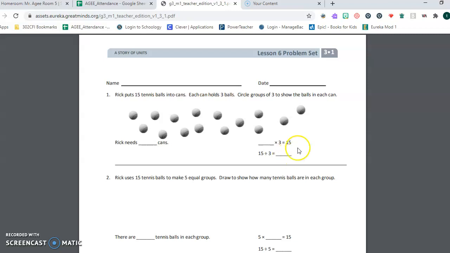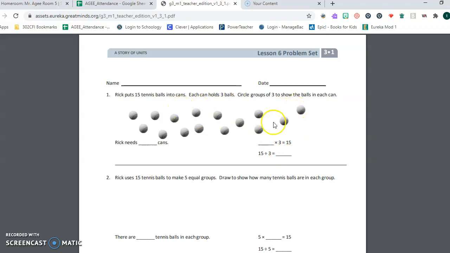But when you rearrange it into a multiplication problem, it's a missing factor, okay? So here we've got the product is the total that we start with in division, the total number of tennis balls, and we're dividing them into groups of 3. So the size of the group is 3, and we're trying to find out how many groups is that? How many groups of 3 can we get when we have 15 total balls, okay?